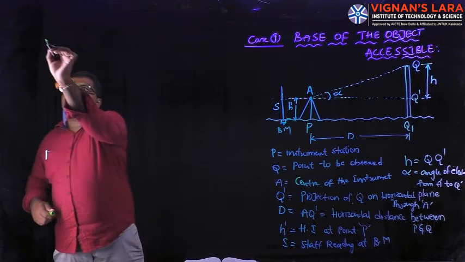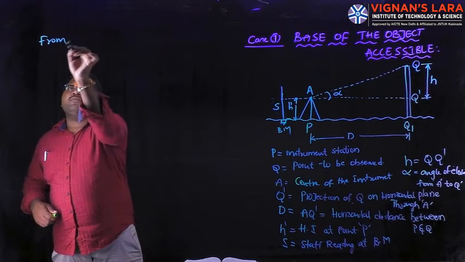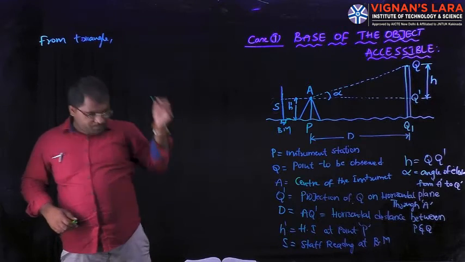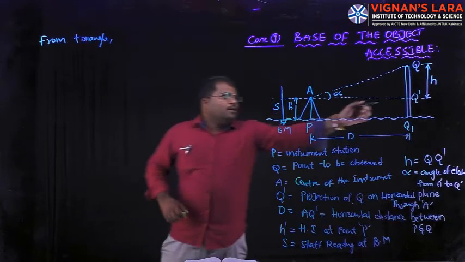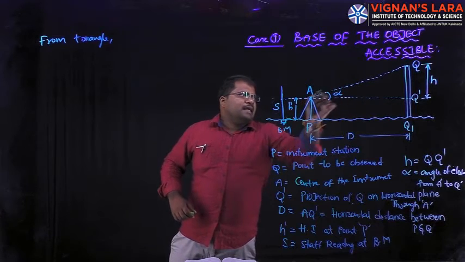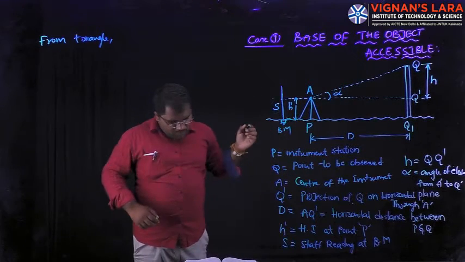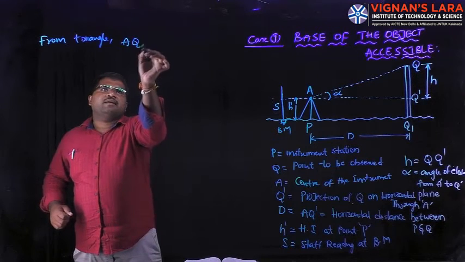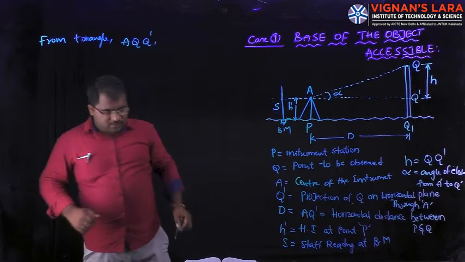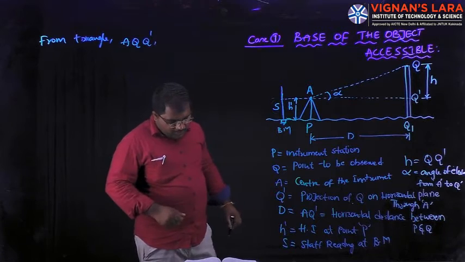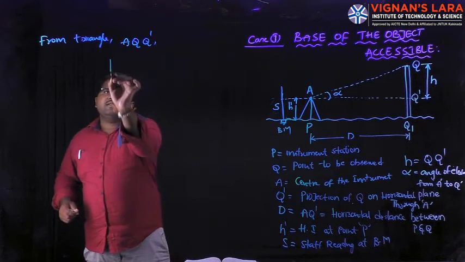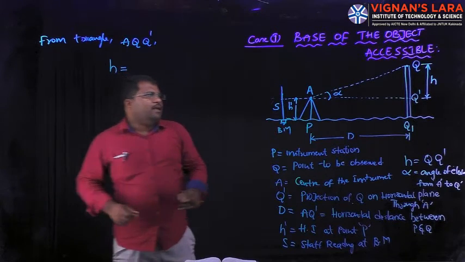Now from the triangle Q dash A Q. What is H?